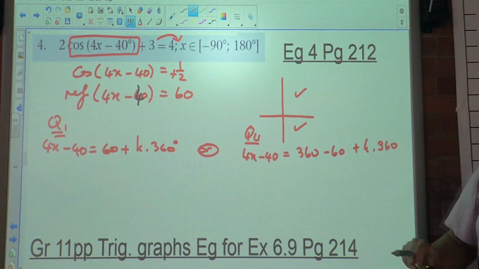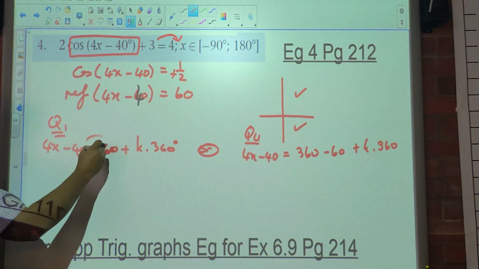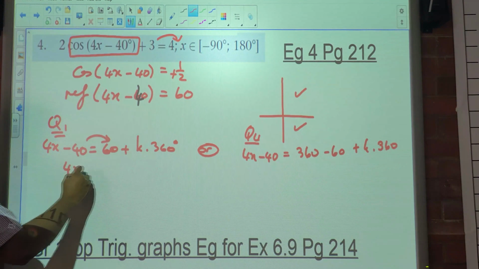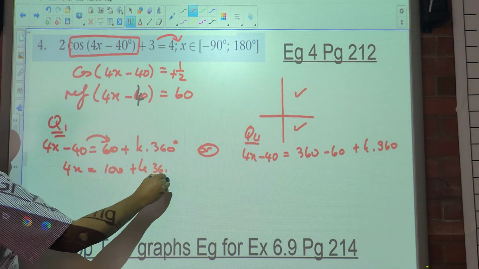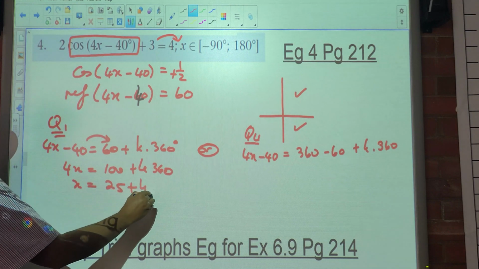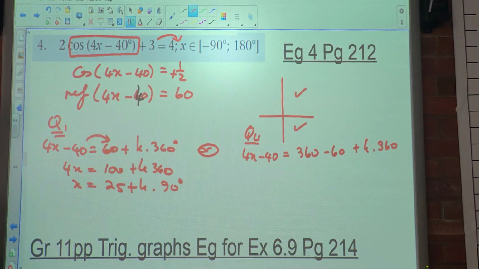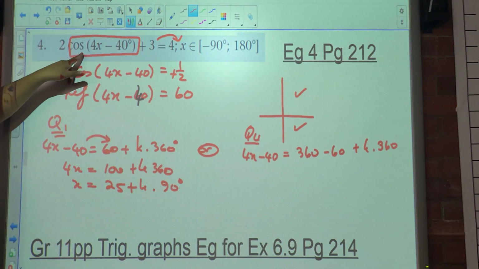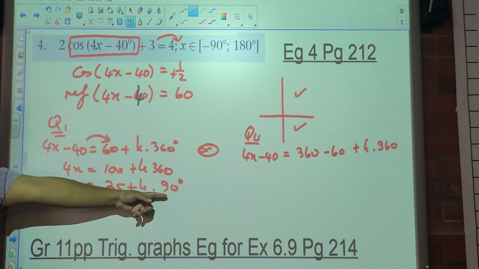Why k times 360? Because the period on the cos and sine graph is 360. We take that over, so 4x is equal to 60 plus 40, which is 100, plus k times 360, divided by 4. So x is going to be 25 plus k times 90 degrees. So the period on this graph, the 2 cos of (4x minus 40) graph, is going to be 90.